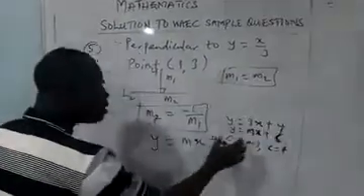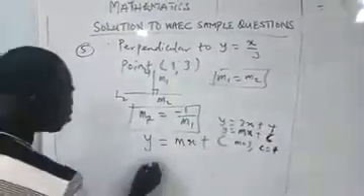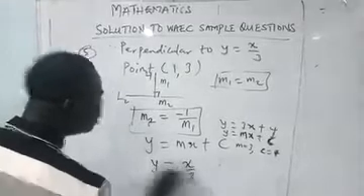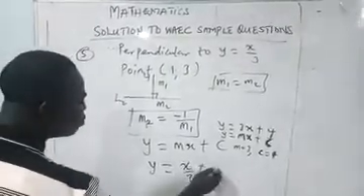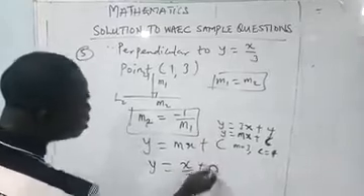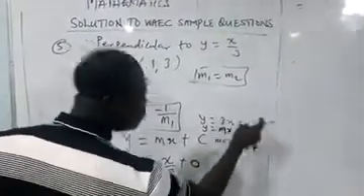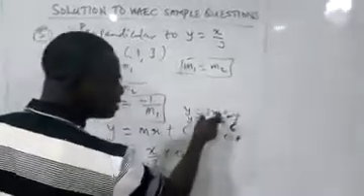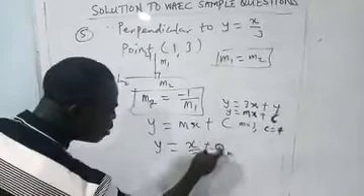So when you are given an equation, you must be able to compare it with the standard. Now they gave us y equals x over 3. You can see that there is no c. It must come in this form, 3x plus 4, something x plus a number. But now there is nothing here, which is 0.